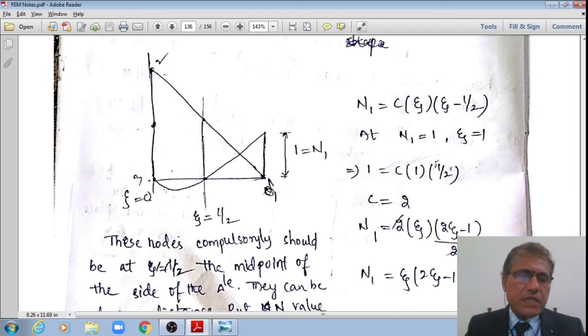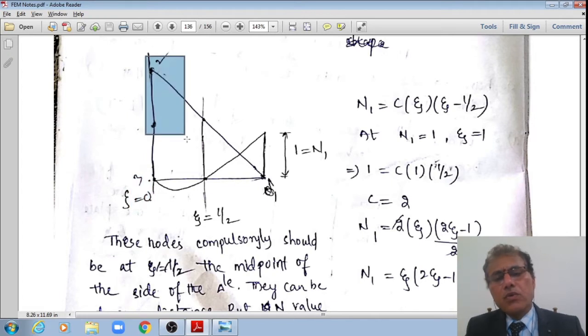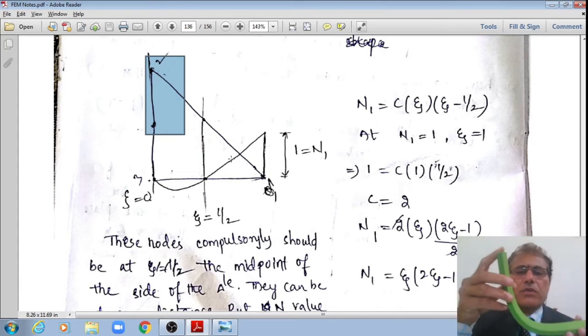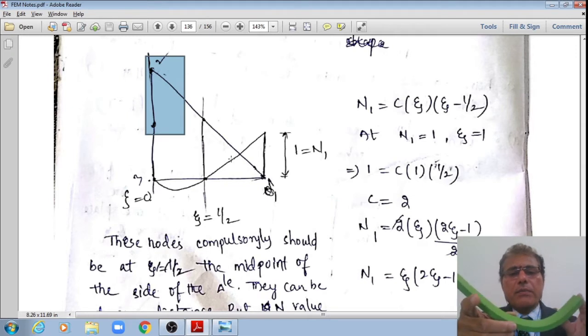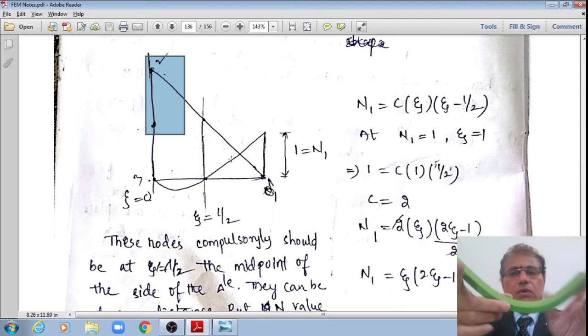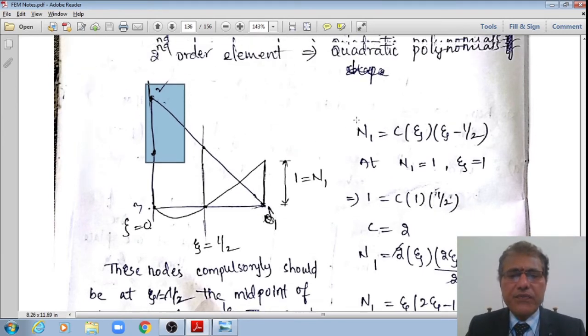Then that curvature will continue further, then it will go to node 3 as well as the other nodes, taking the negative curvature to reach that node. At node 1 the ordinate is 1, at the mid node it is 0, and by the time it goes to the other node, it changes curvature and becomes 0. Hence I do have a quadratic shape function.